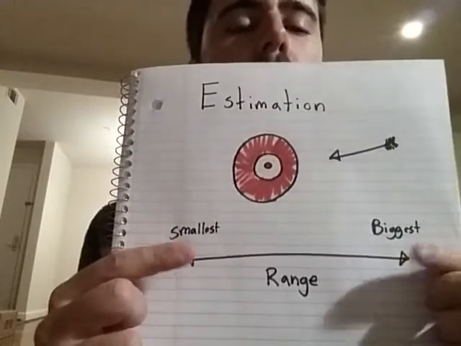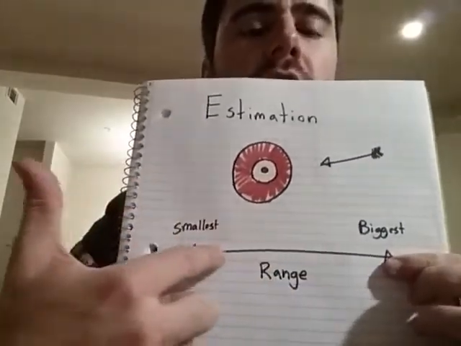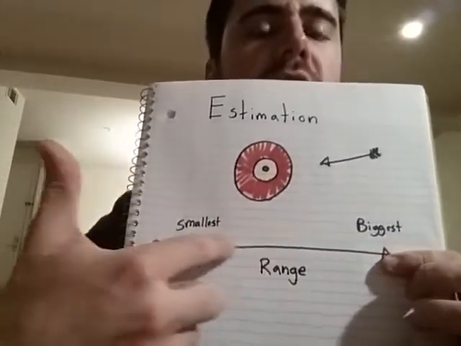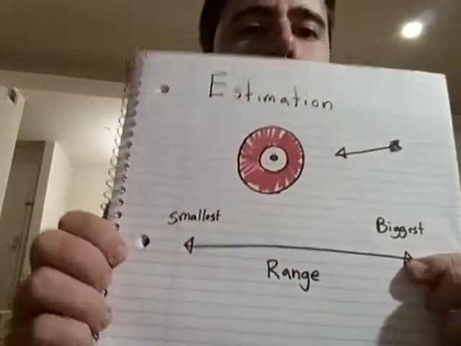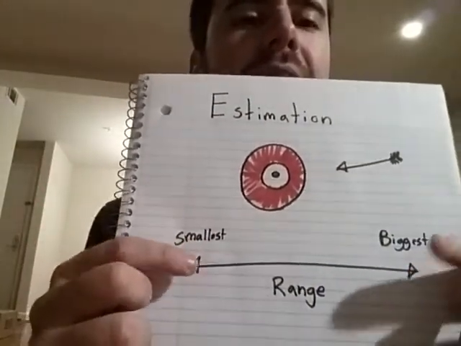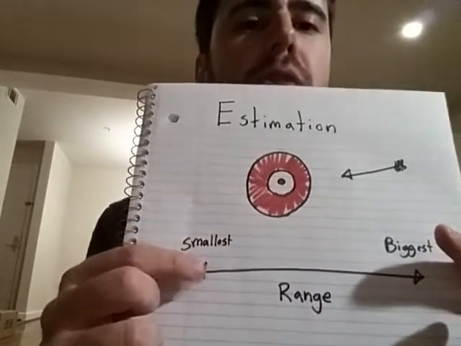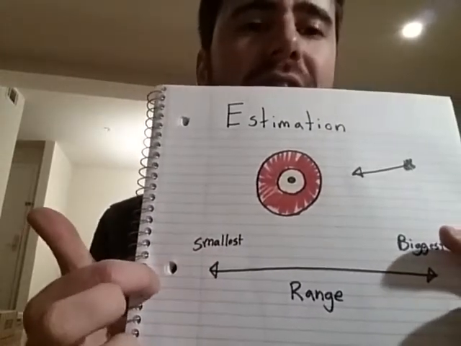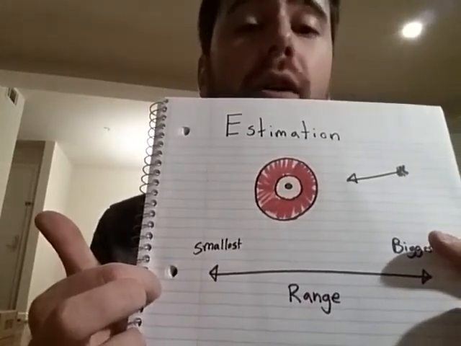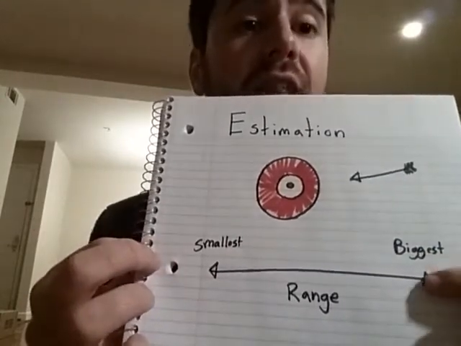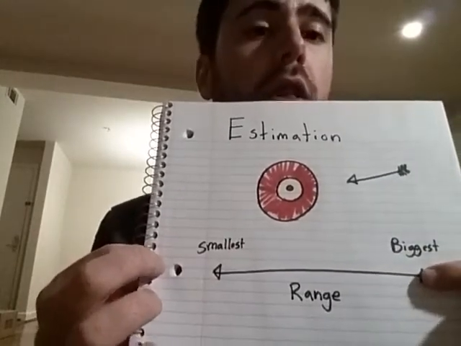Now, our actual answer is somewhere in the middle here. We're not exactly sure where, but our estimate is going to give us, okay, this is the smallest it could be. If I get smaller than this, I know, whoa, I'm not on the right track. If I get bigger than this number, whoa, I'm not on the right track.